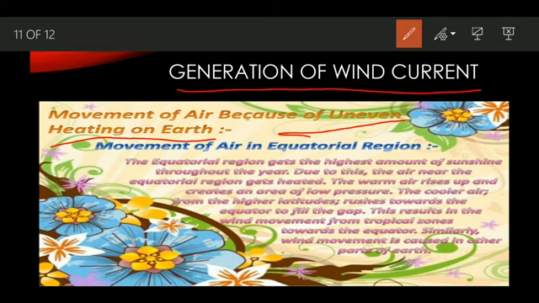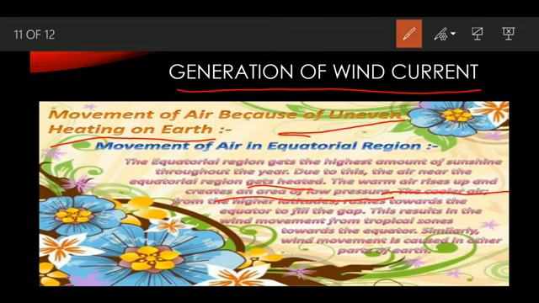So what is happening in this simple phenomenon of winds blowing, or the generation of wind currents? It is just sunshine. The equatorial regions get the highest amount of sunshine throughout the year. Due to this, the air near the equatorial region gets heated, and the warm air rises up and creates an area of low air pressure, as I have told you already.